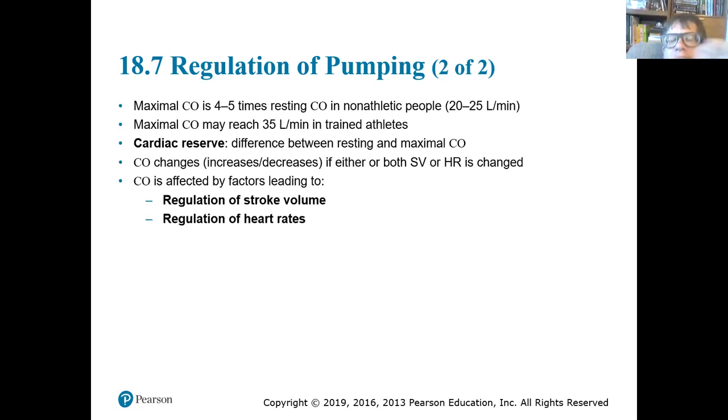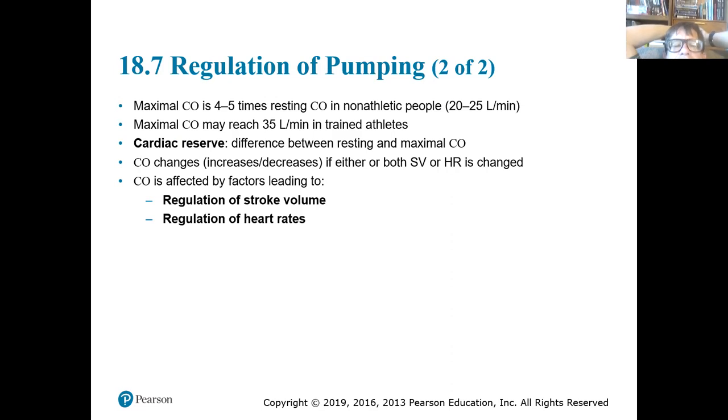So we can change it. We regulate it. We can do cardio inhibitory, cardio excitatory. Maximum output is 4 to 5 times resting rate in an unathletic person. Maximal output could be 35 liters a minute in a trained athlete.